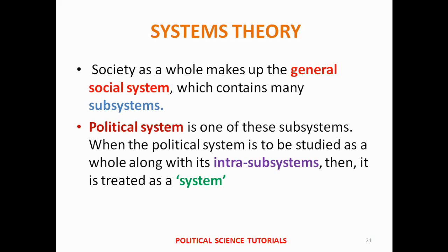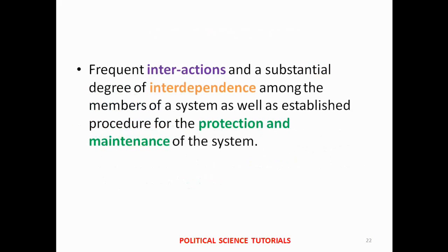And systems theory tries to cover the study of the relevant concepts of other systems to understand the political system as a whole. These systems and subsystems are in frequent interaction, with a substantial degree of interdependence among the members of a system, and there is also an established procedure for the protection and maintenance of the system.